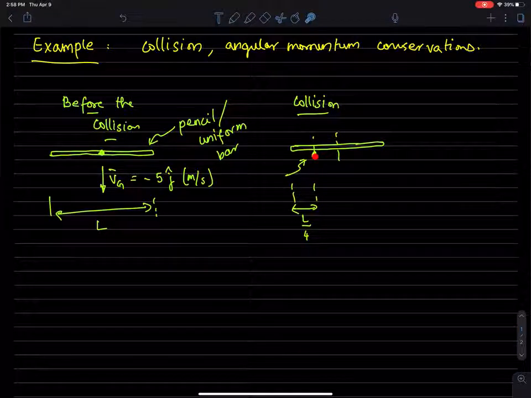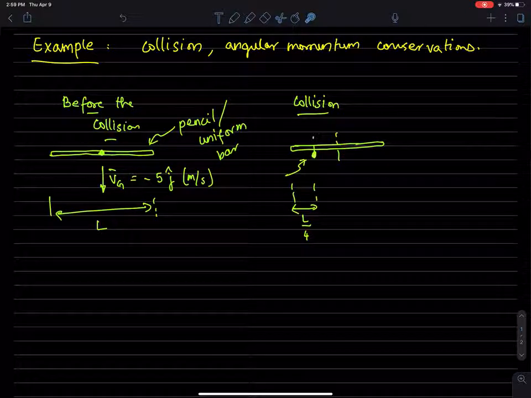And then you stick your finger out, and the pencil hits the finger. So what happens? So there's a collision between your finger. You can imagine your finger sticking out of the plane of the board or the plane of this page, right? So your finger is sticking out, the pencil is falling down.